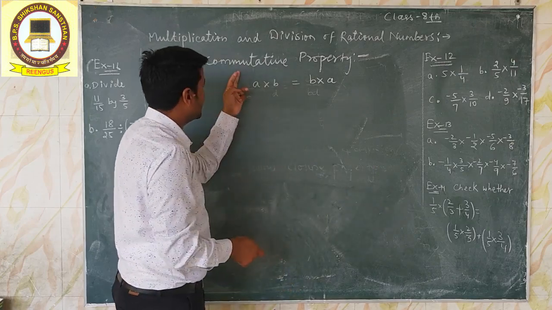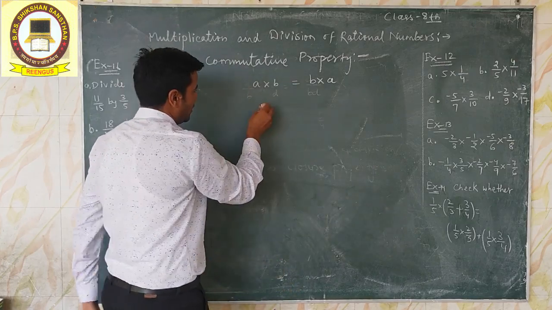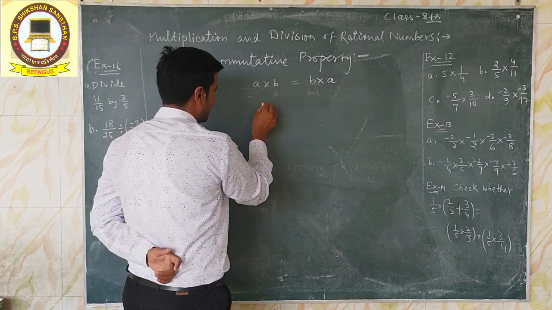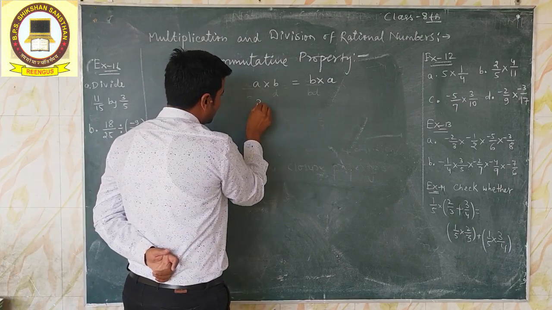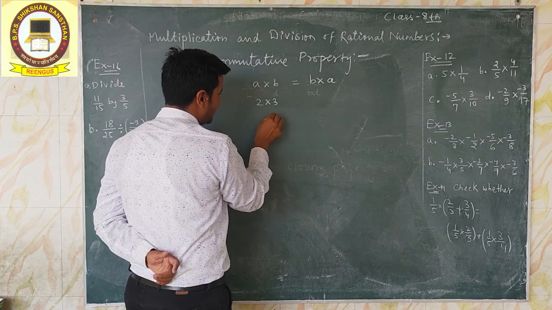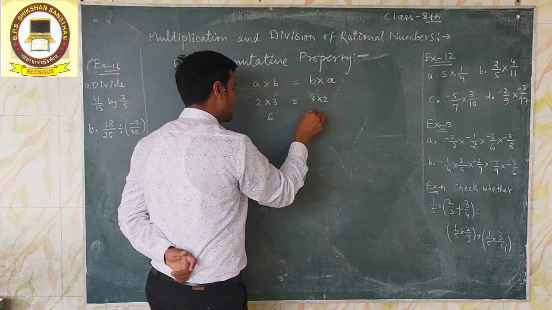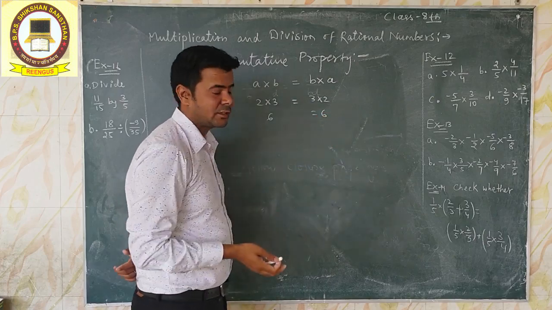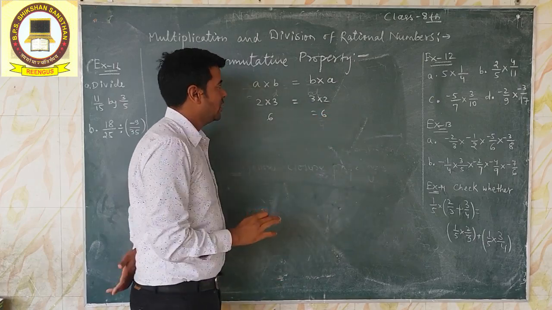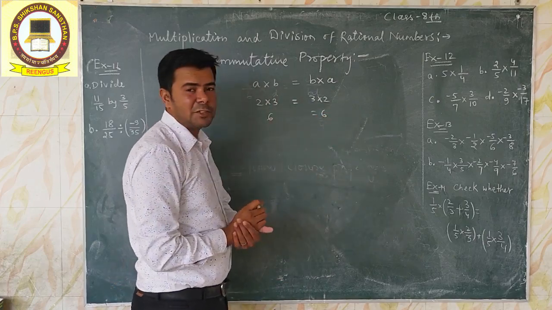So that is called the commutative property. Suppose we have 2 into 3, it becomes 6. If we do 3 into 2, it again becomes 6. There is no change, and this property is called the commutative property.